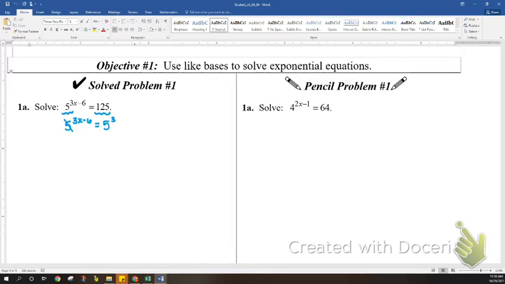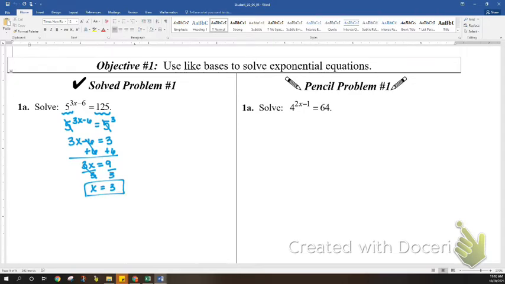Now that our bases are equal, we can ignore them and just work with our exponents. So 3x minus 6 equals 3. Let's just algebraically solve that. And so we get x equals 3 as our solution.